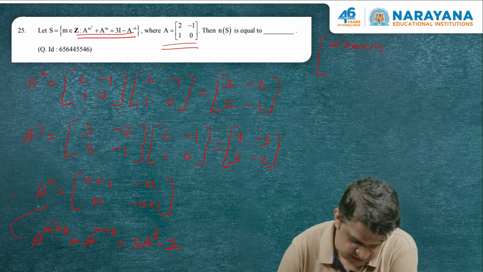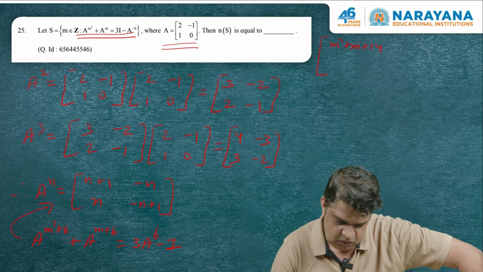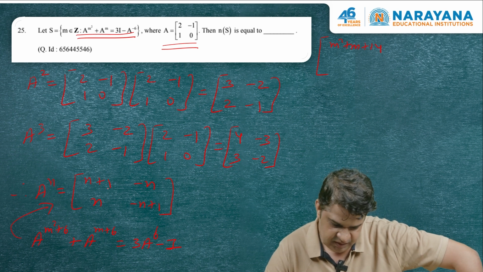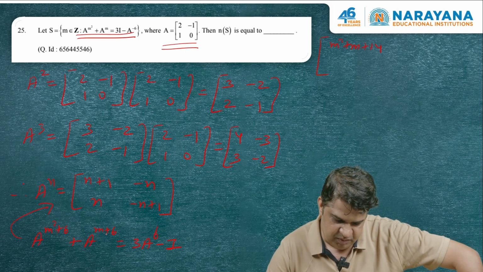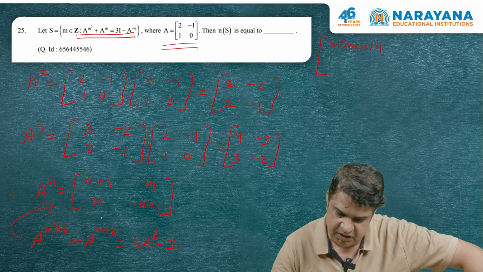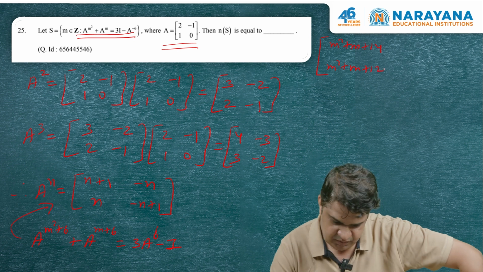Means I am using this condition and I am adding both the matrices also. So, m square plus 6 plus 1 plus m plus 6. So, m square plus m, 6 plus 6 is 12, 1 plus 1 is 2, giving m square plus m plus 14. Here m square plus 6 plus m plus 6. So, we will get m square plus m plus 12.